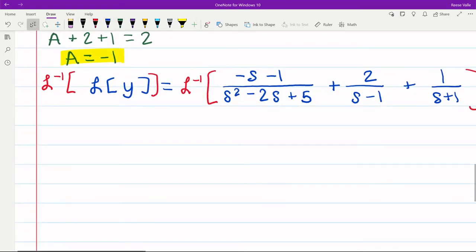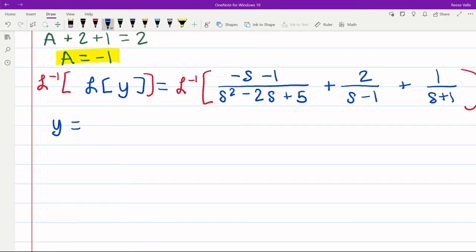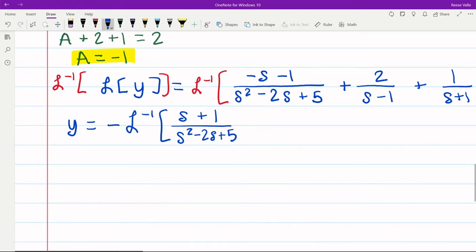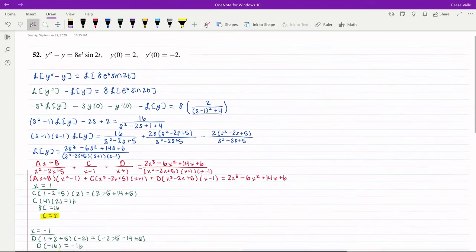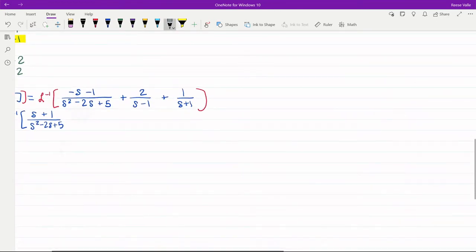So this is just going to be y on this side. And we're going to write the Laplace inverse of... okay, we'll factor out the negative in the first one. So it's just s plus 1 all over s squared minus 2s plus 5. We're going to complete the square and make it this guy again. So I'm just going to rewrite that really quickly.